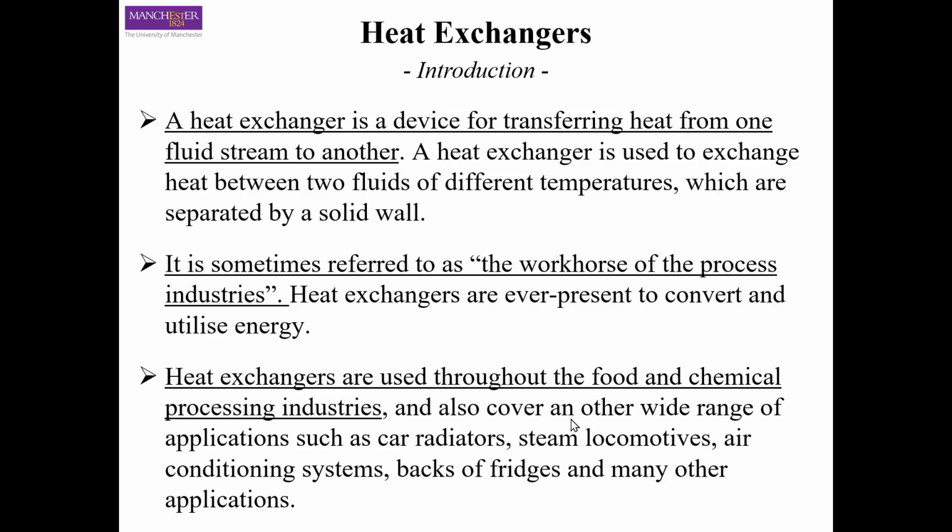Heat exchangers are very common in a range of industries, from the food industry to the chemical industry to petrochemical. Almost every type of industry normally has heat exchangers. Some common daily life examples are car radiators and house radiators that we normally use, for example, to heat our house or to keep the temperature of the car down.